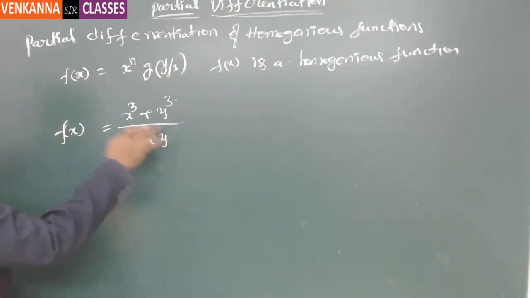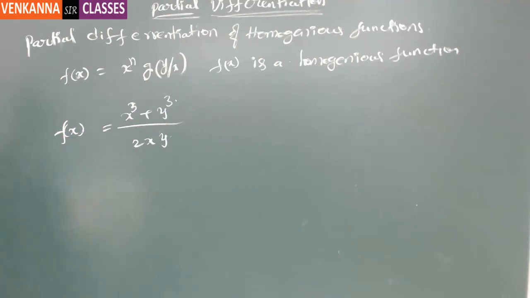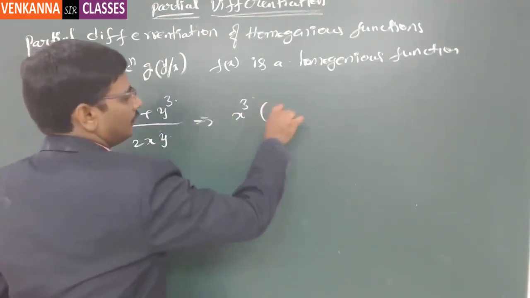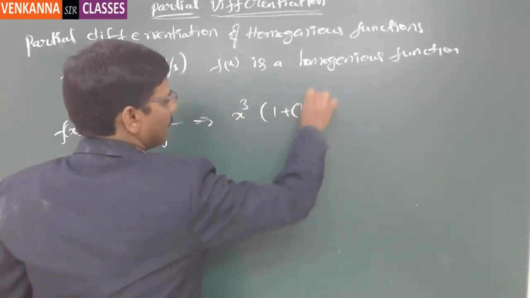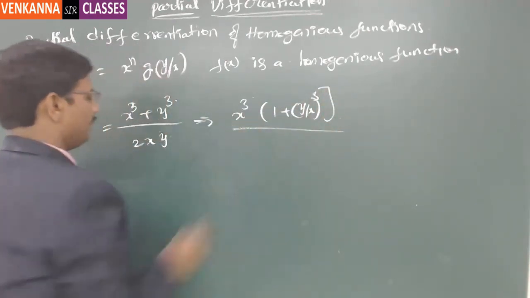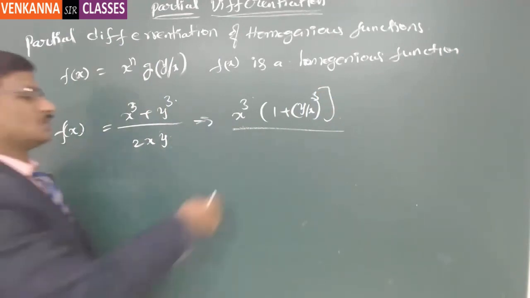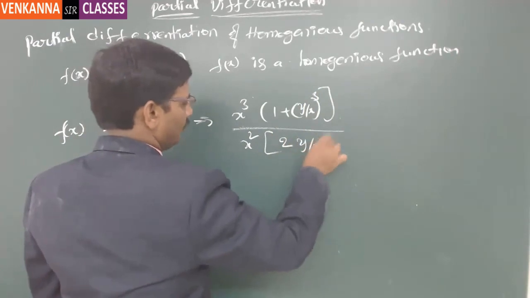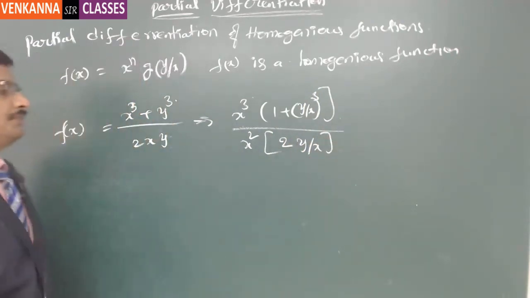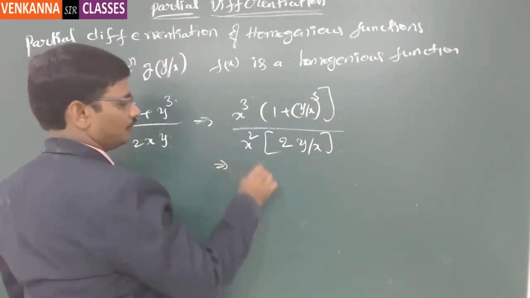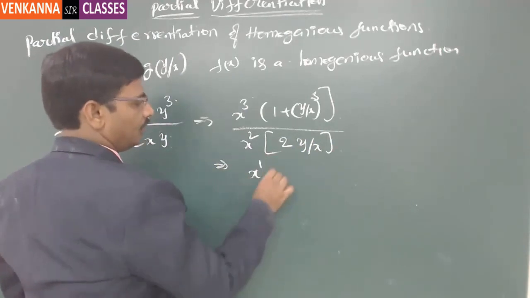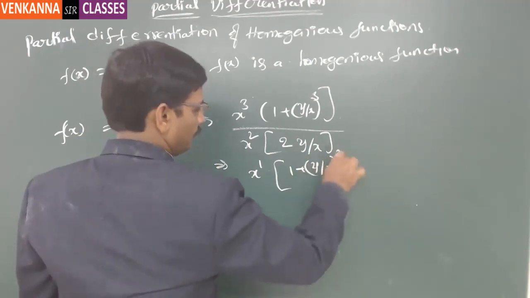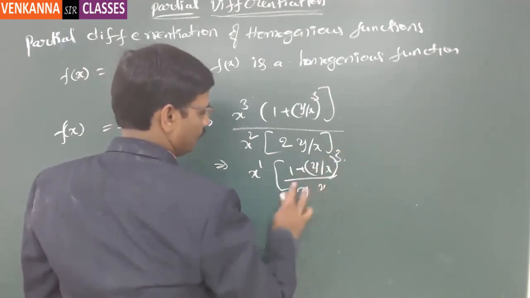Then this can be written as x cube, y by x whole cube, divided by, if you take x square out, 2 times y by x. Then this can be further written as x power 1 into 1 plus y by x whole cube divided by 2 times y by x.